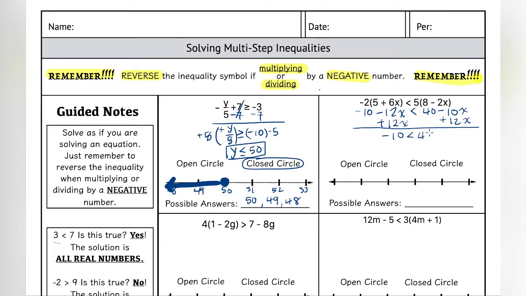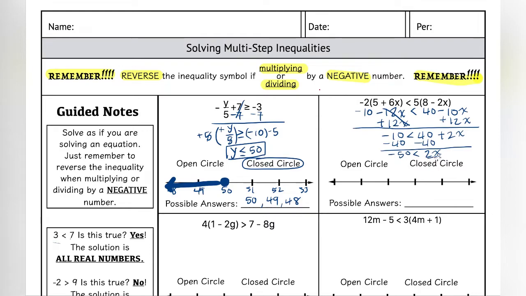So that's 0. So negative 10 is less than 40 plus 2x. And here we subtract 40 from both sides. And you get negative 50 is less than 2x.